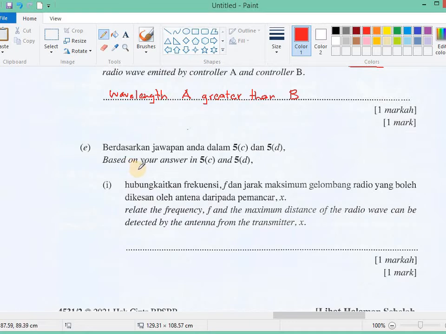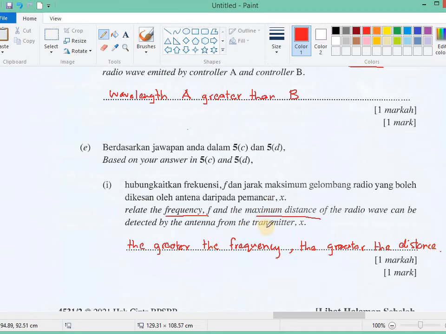Based on your answer in 5C and 5D, relate the frequency f and the maximum distance of the radio wave that can be detected by the antenna. Based on this question, we can see that the greater the frequency, the greater the distance.